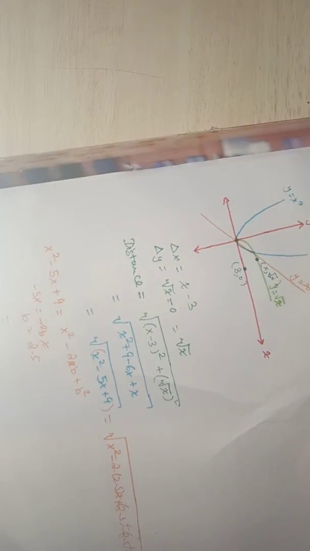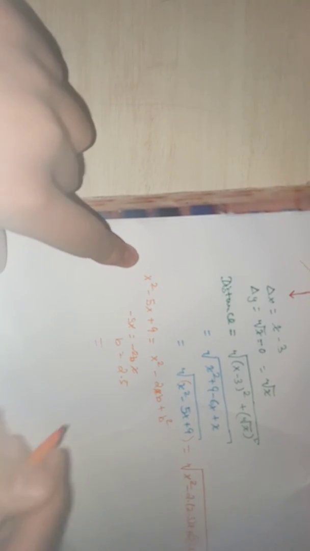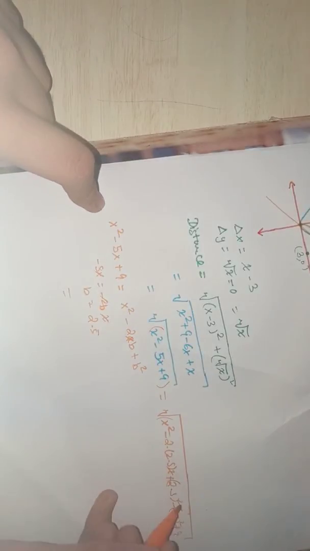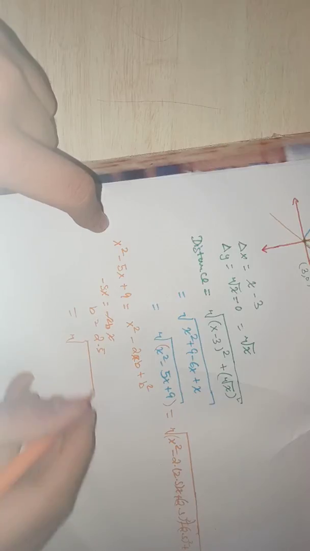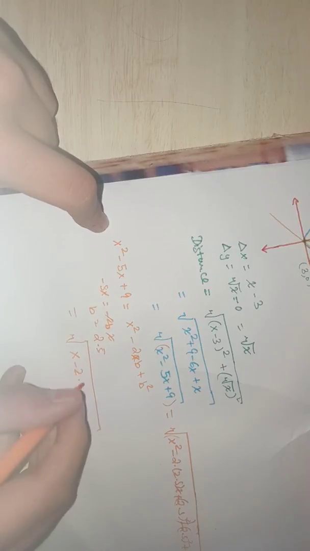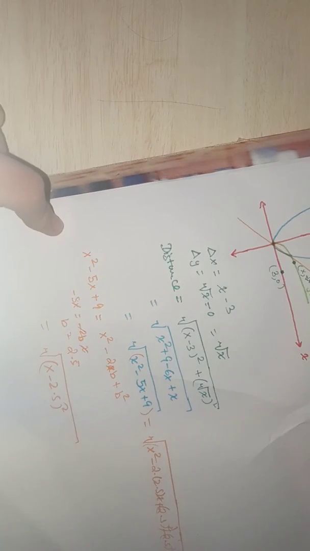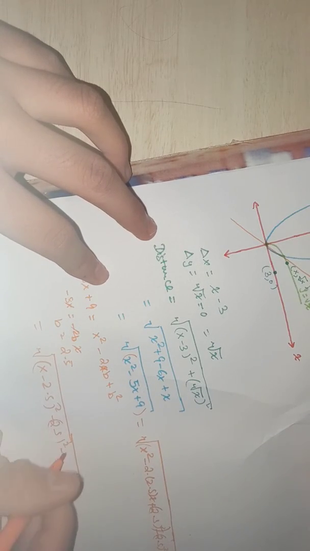Now let us continue downwards. So we are continuing from here. That's a square here: the square root of (x minus 2.5) squared minus 2.5 squared plus 9.